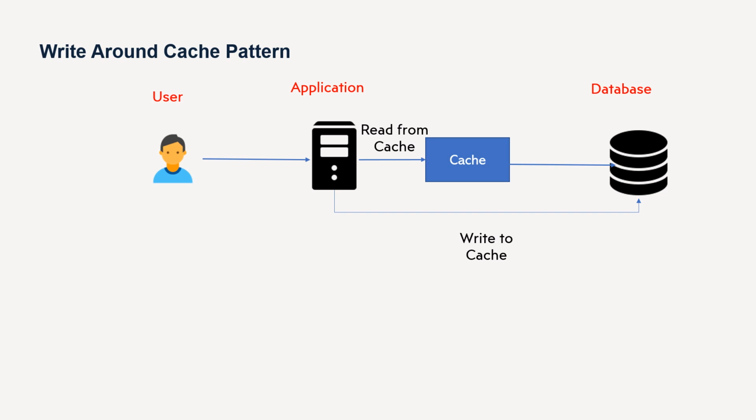So for any cache reads, the app will call the cache system, and if data is there, it's a cache hit, and if it's not there, it will load from the database. But for any writes, it will directly write to the database. So the dependency is not much on the cache, and the app and database can talk directly. This is basically called the write around cache pattern.